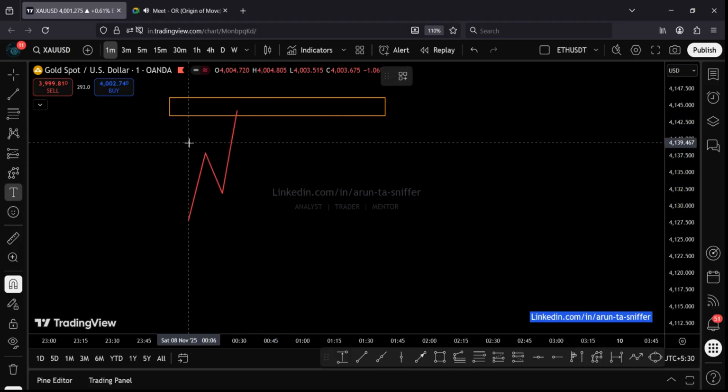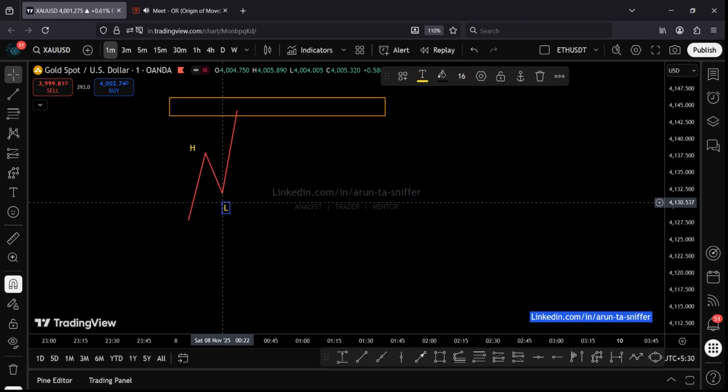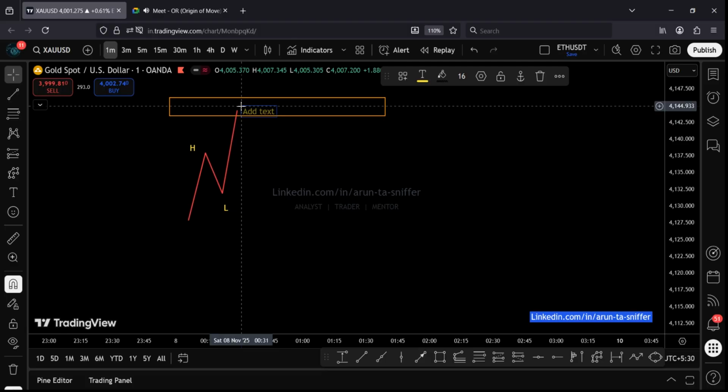We have a high, here we have a low, and this makes a higher high.